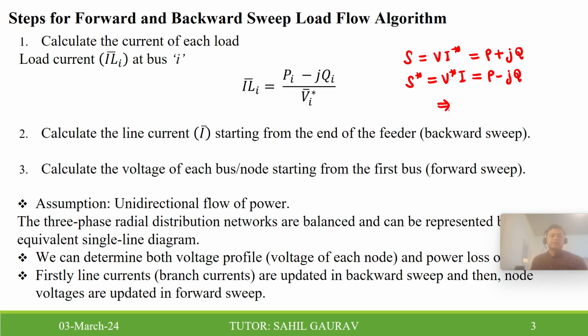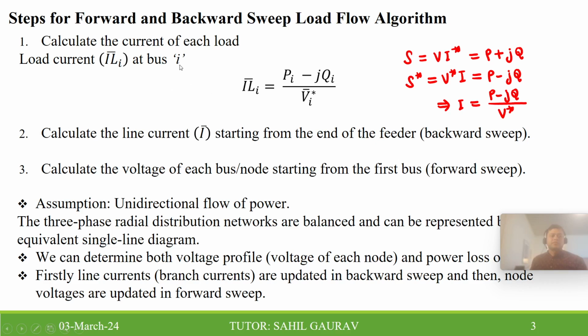And from here, you can write the current of each load as (P minus jQ) divided by V conjugate for the respective nodes.